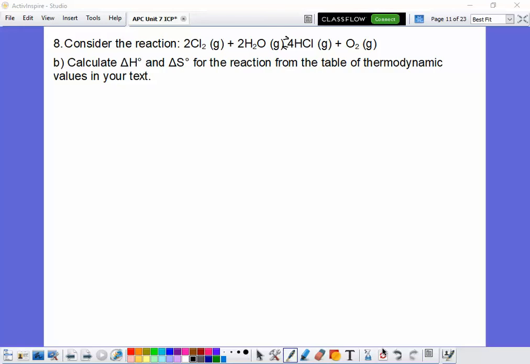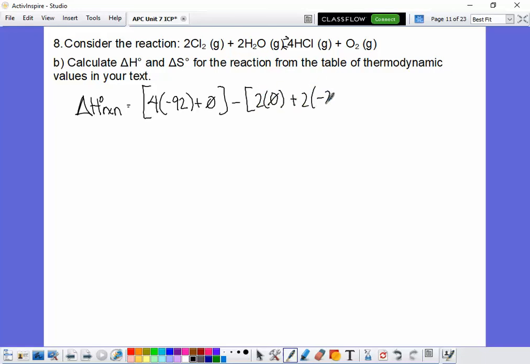So for the delta H, let me set it up because last class some students had some issues with this. The one thing I wanted to point out here is to put big brackets around the reactants and the product sides.